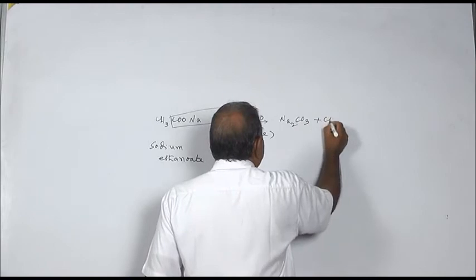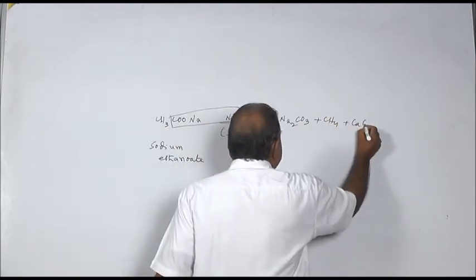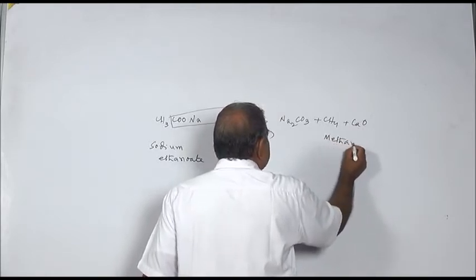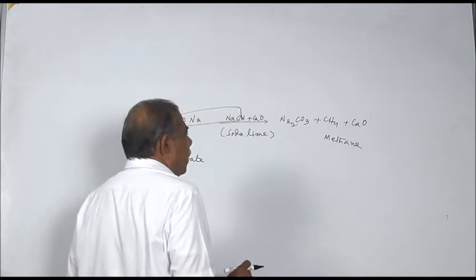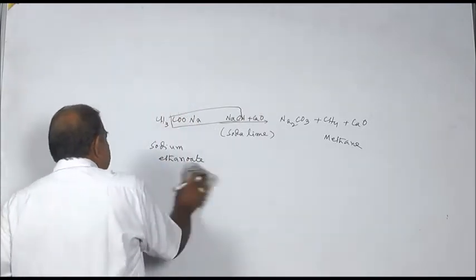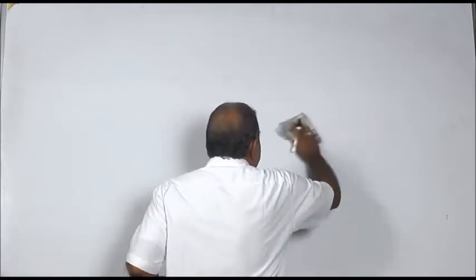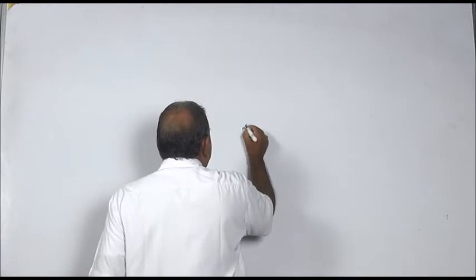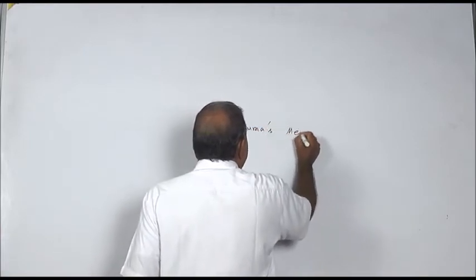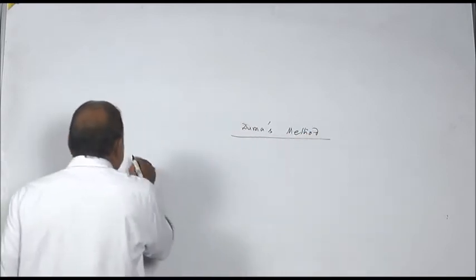You are getting methane, having one carbon atom less than the acid. If you want to get a 5 carbon atom alkane, you will start with 6. If you take a 10 carbon atom acid, you will get 9. So this is one method. Sometimes decarboxylation is called Dumas method.